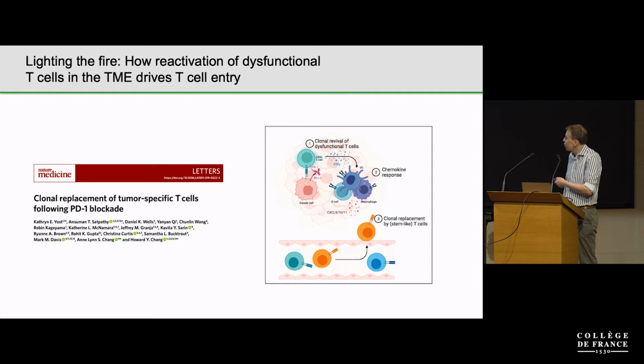They induce secretion of CXCL9, 10, and 11, chemokines that attract additional T cells, and this may in fact be the mechanism behind the clonal replacement that has been published by Howard Chang and others previously. So I think this clearly argues for a dominant role also of T cells that sit at the tumor site.